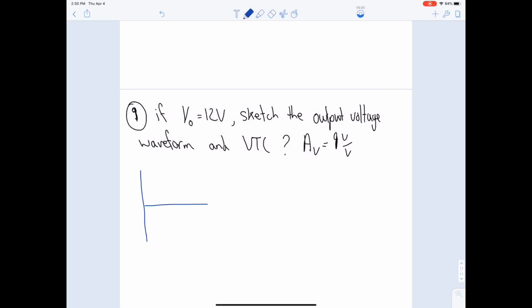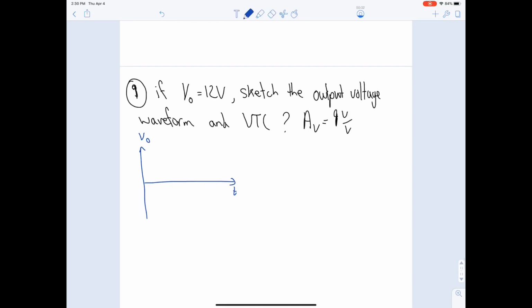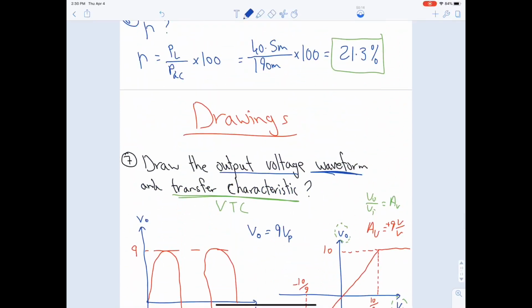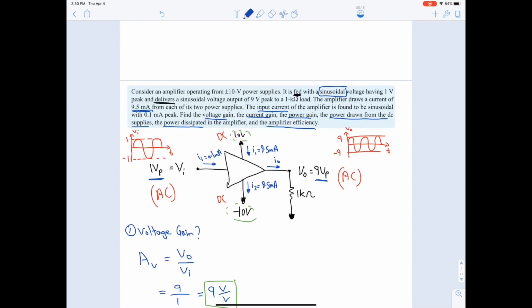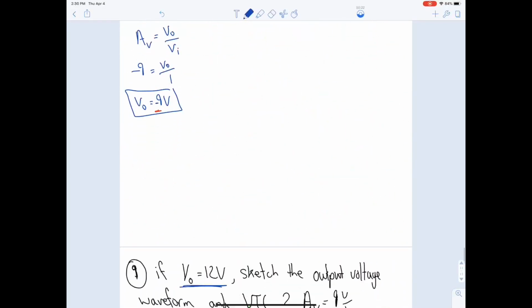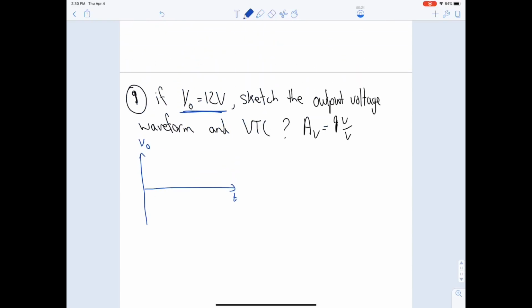In order to draw the waveform, what do we need? We need the output. What is the output? It's 12. Now you need to check, did the value of the output exceed the saturation limit? Our saturation limits are 10 and minus 10, and here our V output is 12, so it has exceeded my saturation limits.